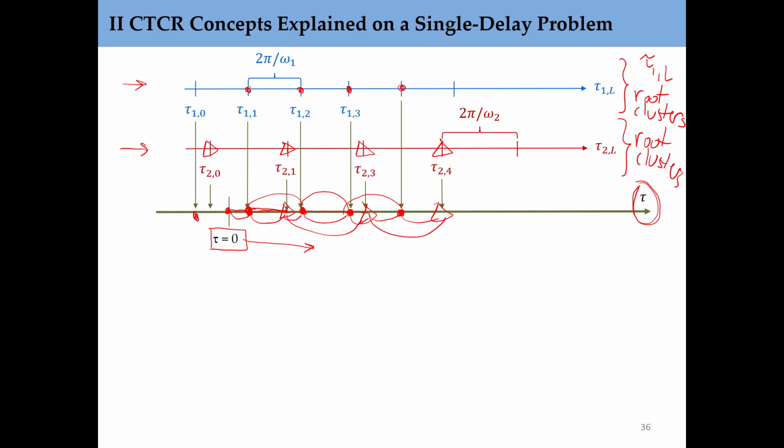So now, in some sense, on the complex plane, we can also use color coding. We have a root cluster in red, and when we hit the particular delay values, in triangles, a pair of poles will touch the imaginary axis. There is another root cluster in blue. When the delay value hits the blue delay values, a pair of roots from that cluster will touch the imaginary axis at j omega-1.